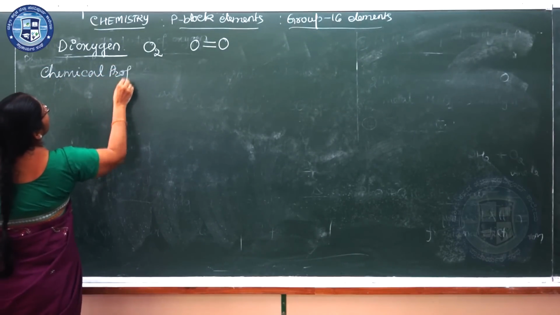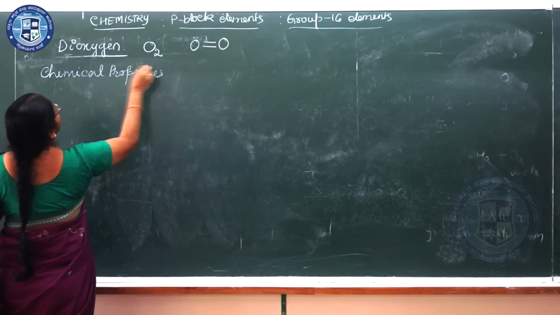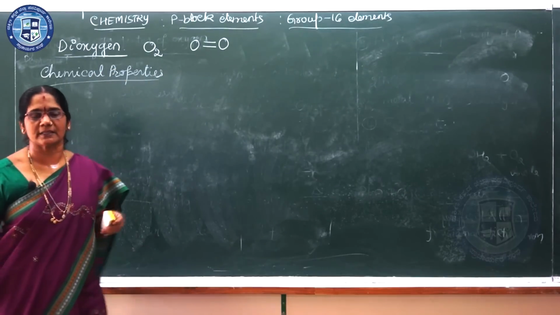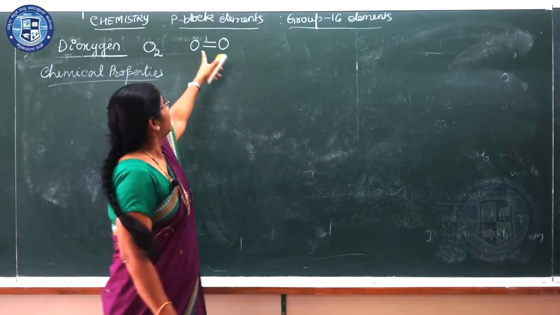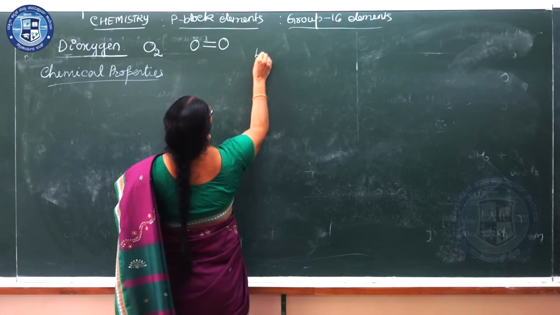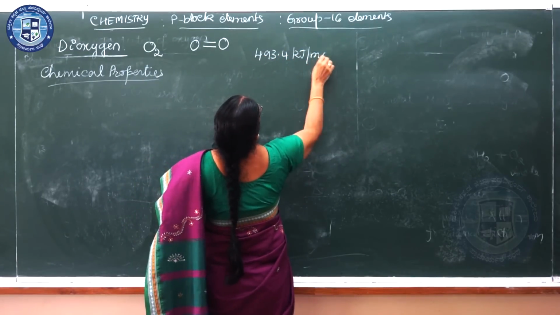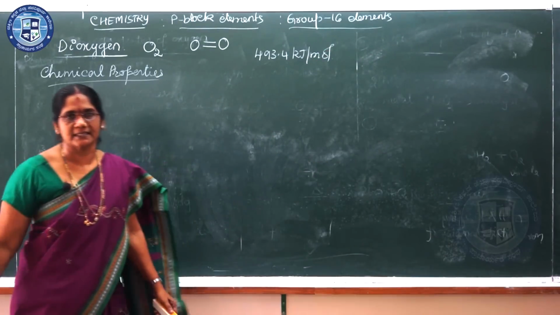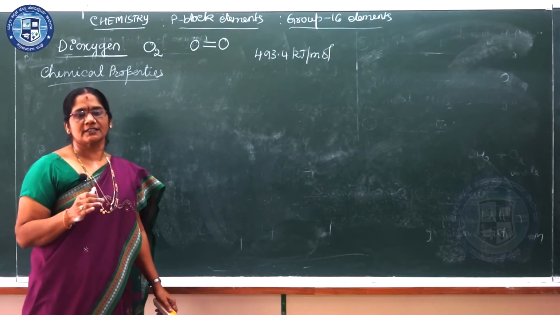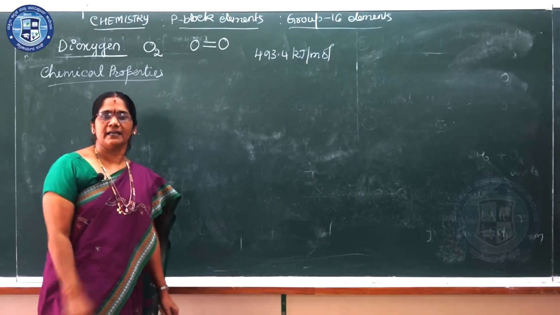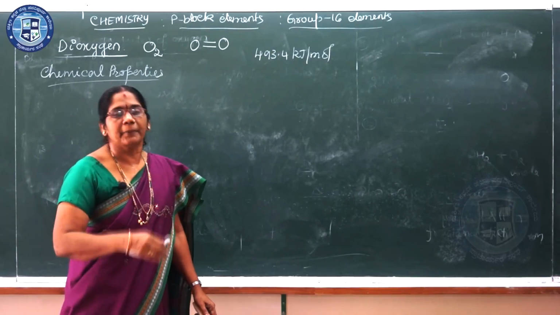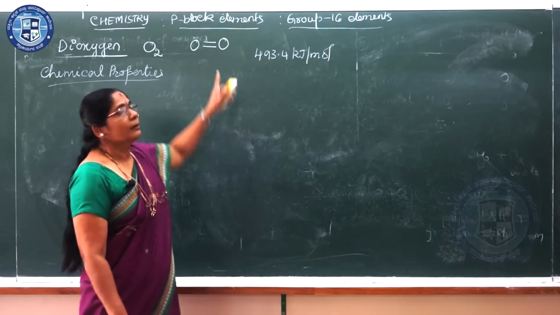Now you know very well, even if oxygen is a supporter of combustion, it does not simply burn itself. It has a double bond with bond enthalpy of 493.4 kilojoules per mole. The bond enthalpy of oxygen is this much. So all these reactions occur once you initiate the burning. Combustion is spontaneous, but we need initiation to break the bonds.